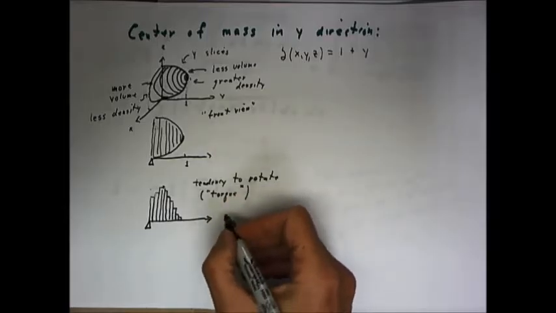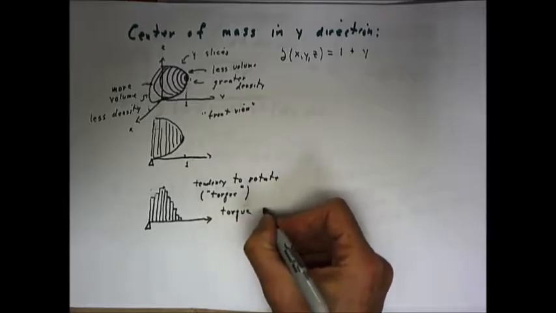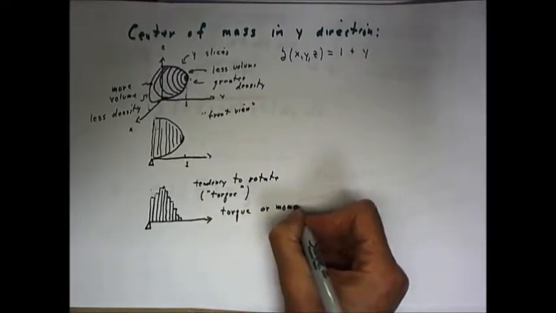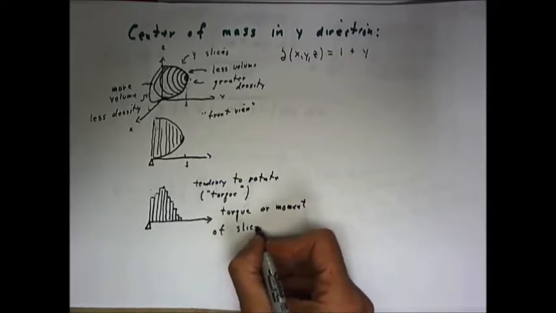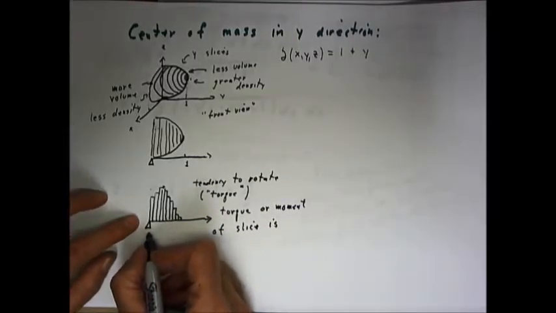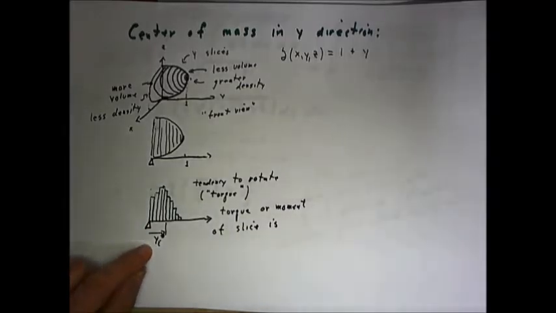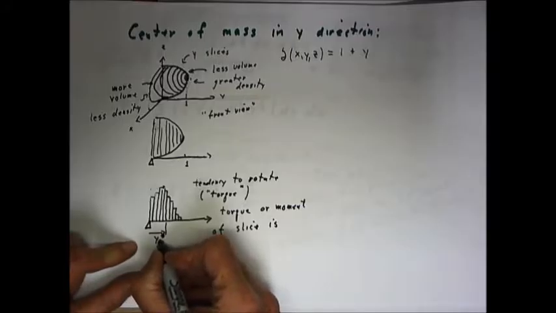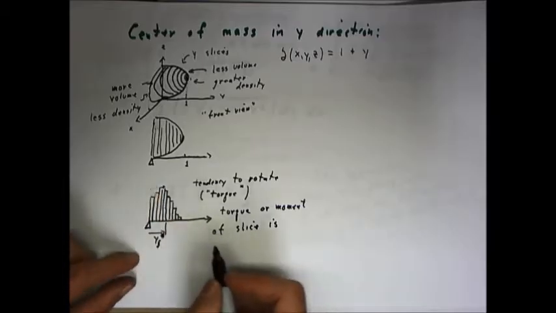And the tendency of one slice to rotate, the torque or moment of a slice, is how far it is from the x-axis, which is distance y, or let's say y sub j star, since we tend to use j for y, multiplied by how much mass.